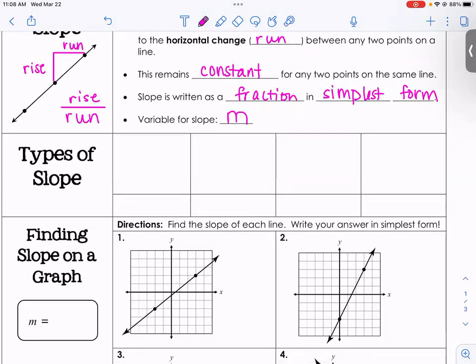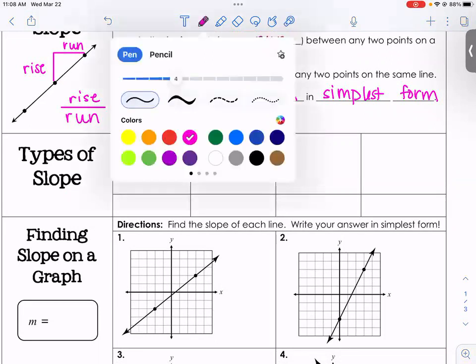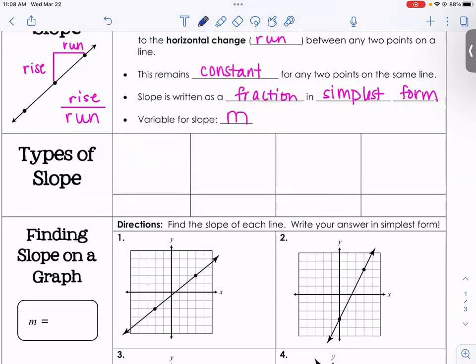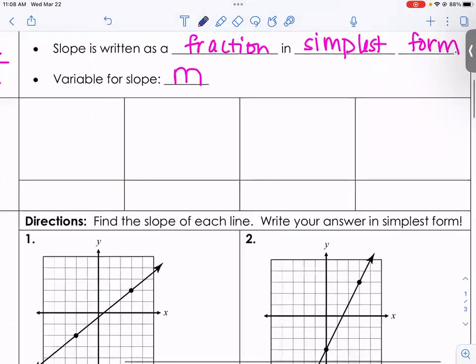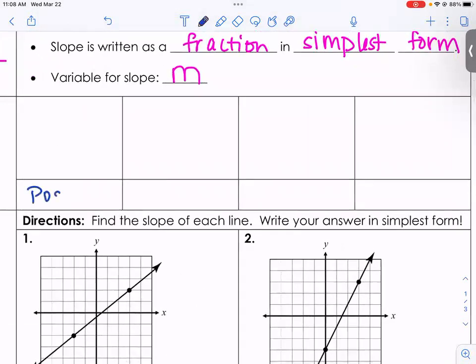All right, Ryan, I'm going to come back to you. All of our graphs with positive slope, what did you describe them as? Lines that went. Okay, so we have 4 different kinds of slope, and this is what we're going to write right here. If we have positive slope, we have a line that is rising, or it's going up and then over.